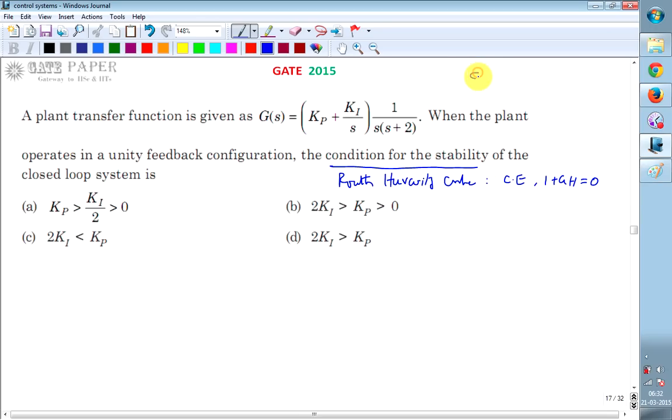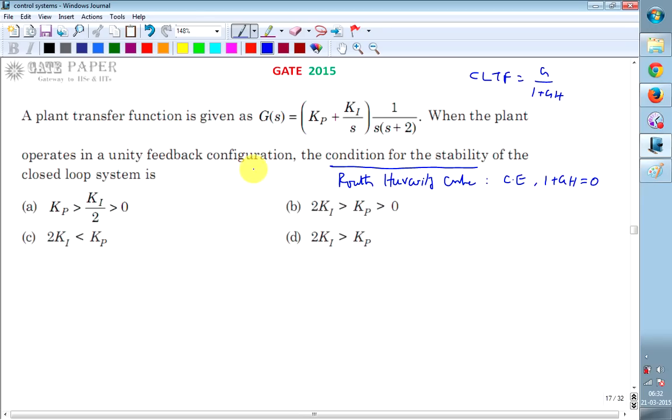If you look at the closed loop transfer function, it is G by 1 + GH. So the characteristic equation is nothing but the denominator of the closed loop transfer function made equal to 0. From that we will find the stability using Routh-Hurwitz criteria.